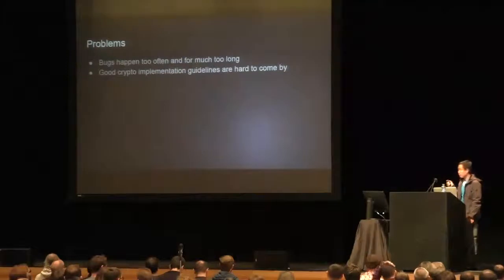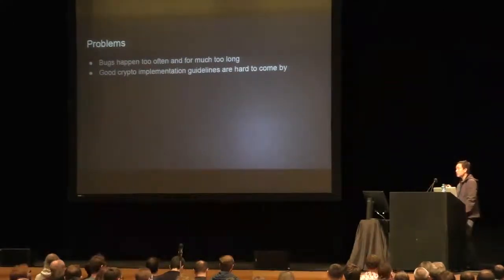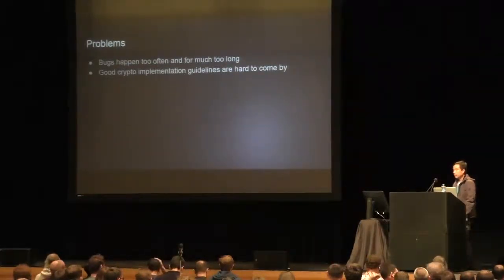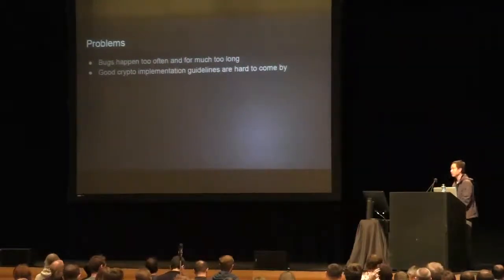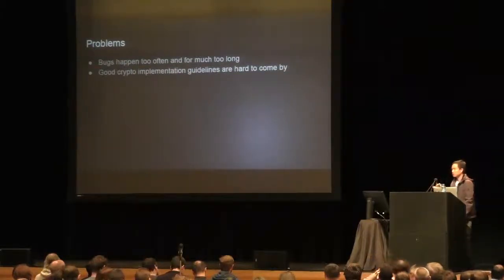With those observations, we recognize that software engineers prevent and fix bugs by using unit testing. And we think that many crypto issues can be resolved by the same means.